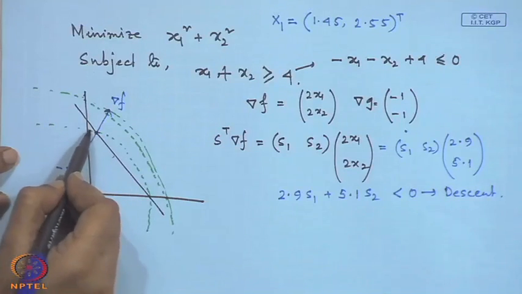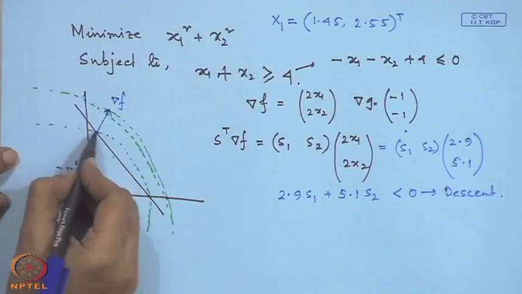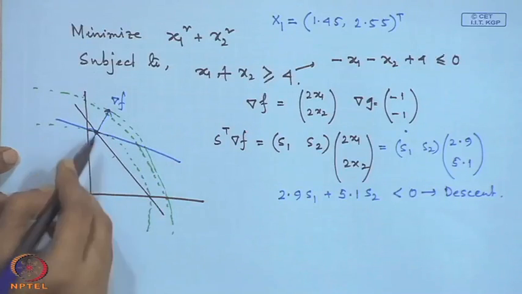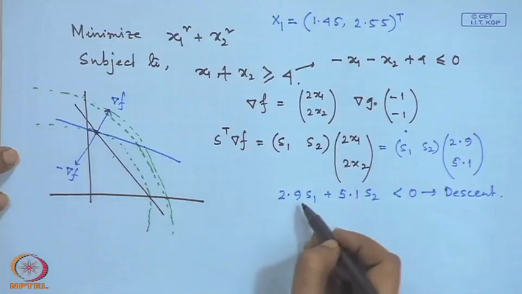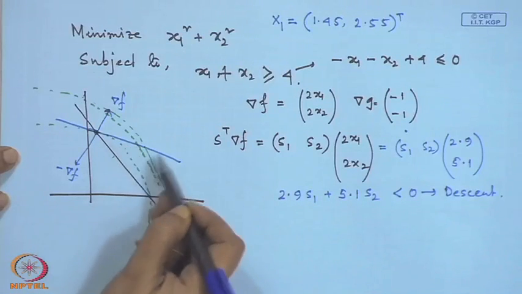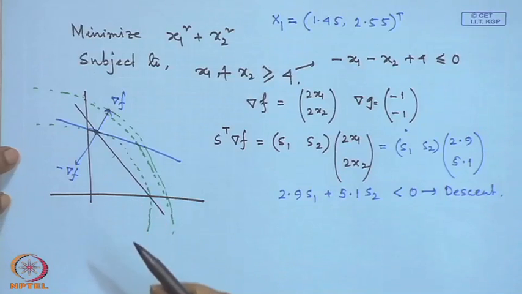And if I just take a tangent here, the half space of that, this region, would be the descent direction for f. That is the idea.